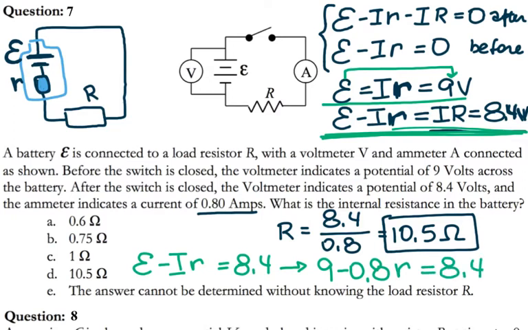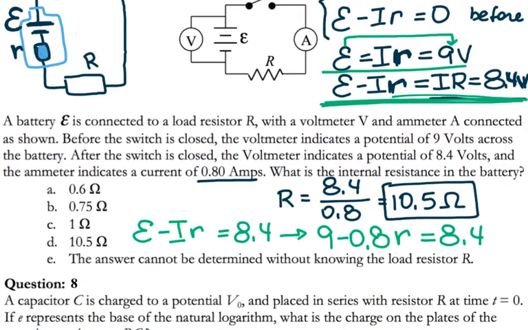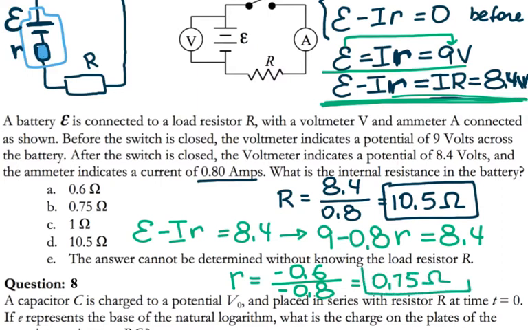So r is going to be equal to 8.4 minus 9, which gives you negative 0.6, divided by negative 0.8, which gives you 0.75 ohm. So the internal resistance of the battery is 0.75 ohm.